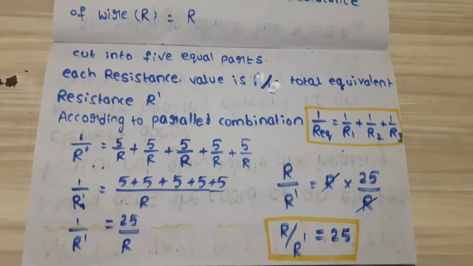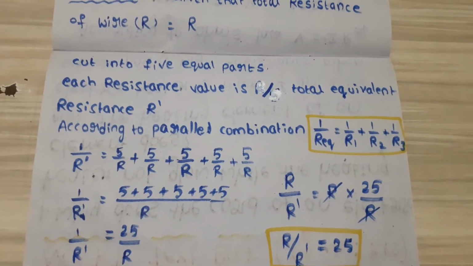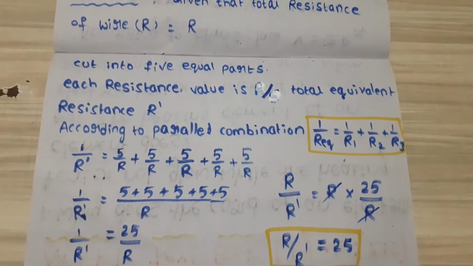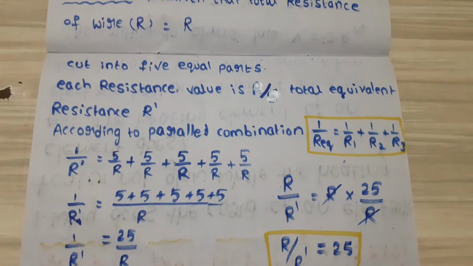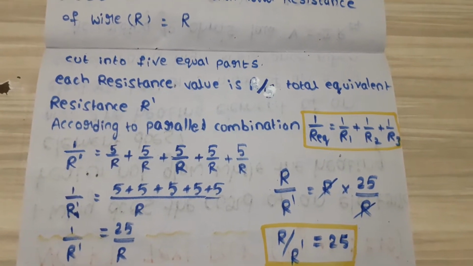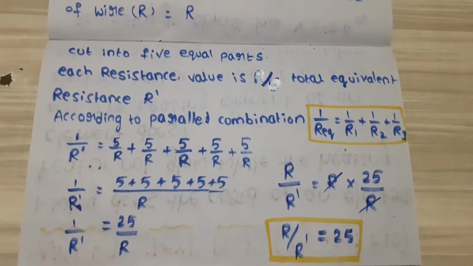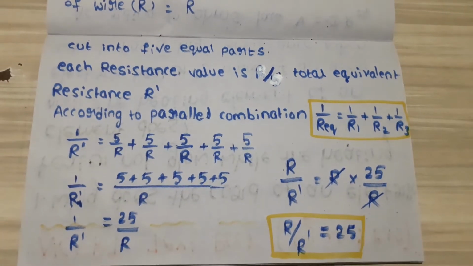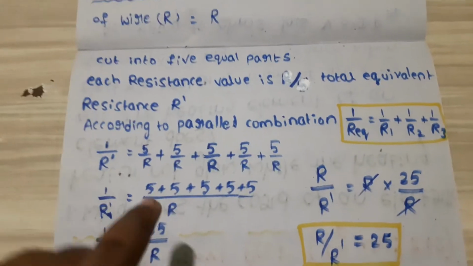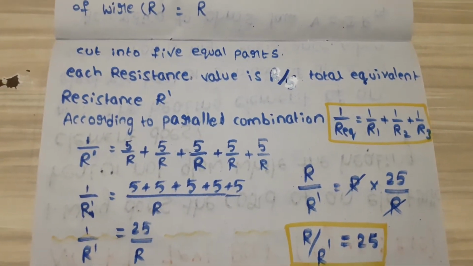Here R by 5 is the R1 value, so 1 by R1 will be the reciprocal, 5 by R. So 5 by R plus 5 by R plus 5 by R, total 5 resistors. So 1 by R dash equals 25 by R, the sum with 25 on the numerator and R on the denominator.